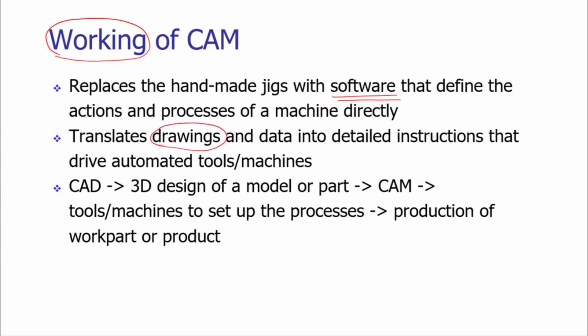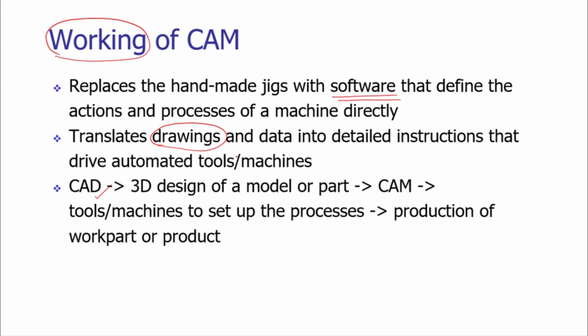CAD systems provide the drawings or 3D models, but there has to be a system which should convert or translate the drawings into the required form. And that data would be utilized to generate the codes or programs which control the operations of the CNC machine tools, and that we call the CNC programs, G and M code program.